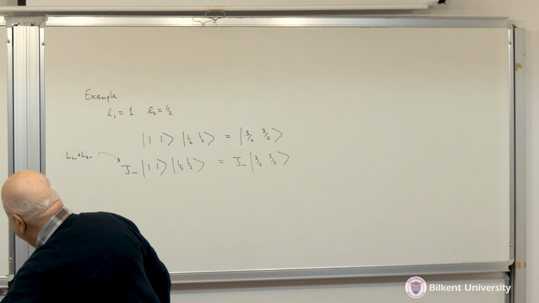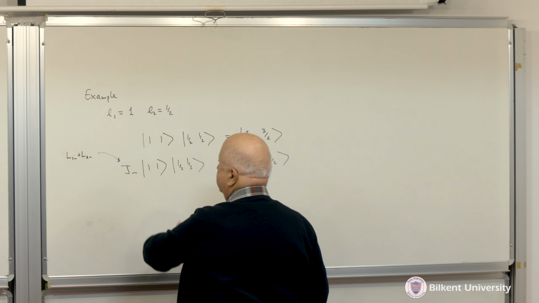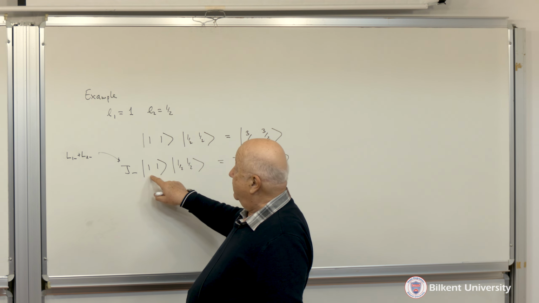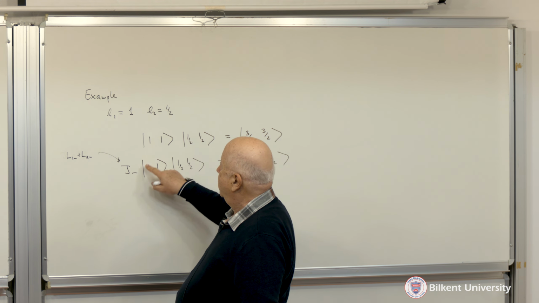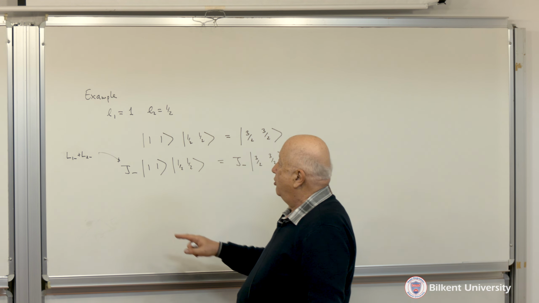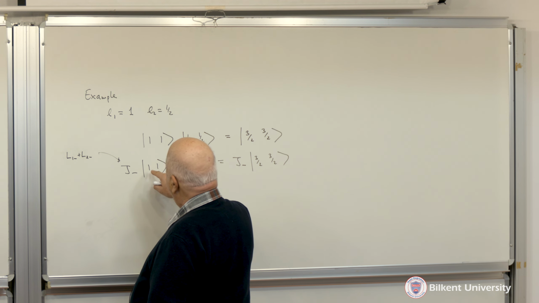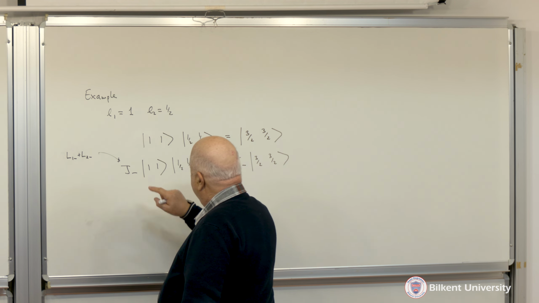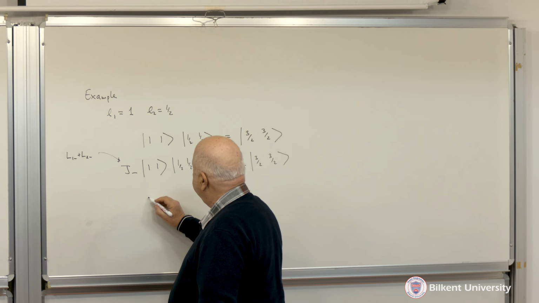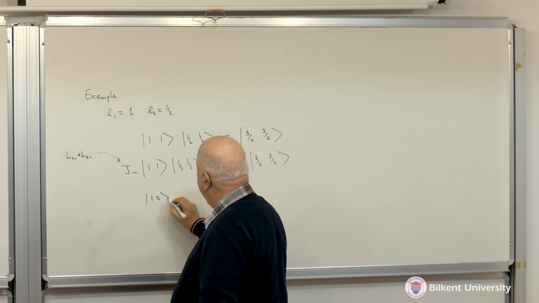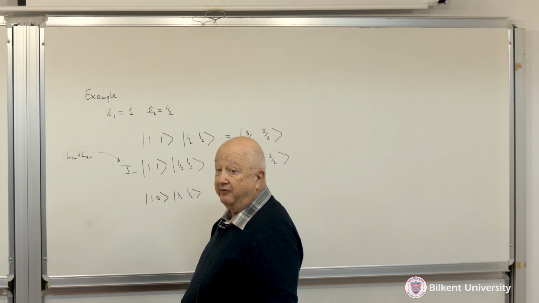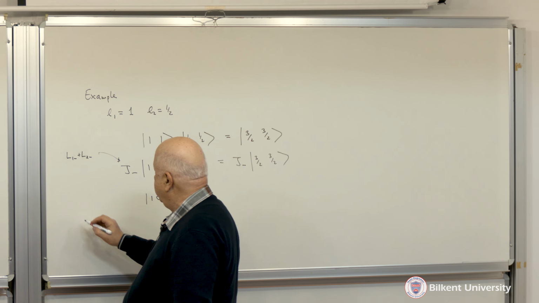So what happens when that operates on that? Now I know that L1 minus will operate only on the first object, and L2 minus is going to operate on the second object. So I'm going to get a lowering operation on 1, 1. So the first term is going to give me 1, 0, 1/2, 1/2, but there will be a prefactor. And the prefactor will be what?